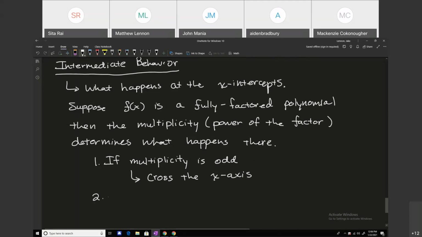And 2, if the multiplicity is even, I'm going to say we bounce off the x-axis. Basically, we touch the x-axis and turn around. So bounce off the x-axis.